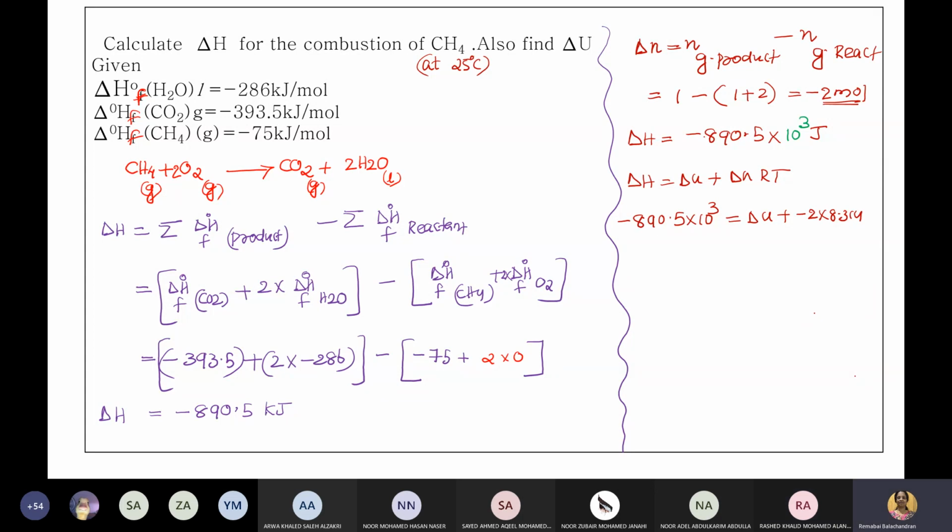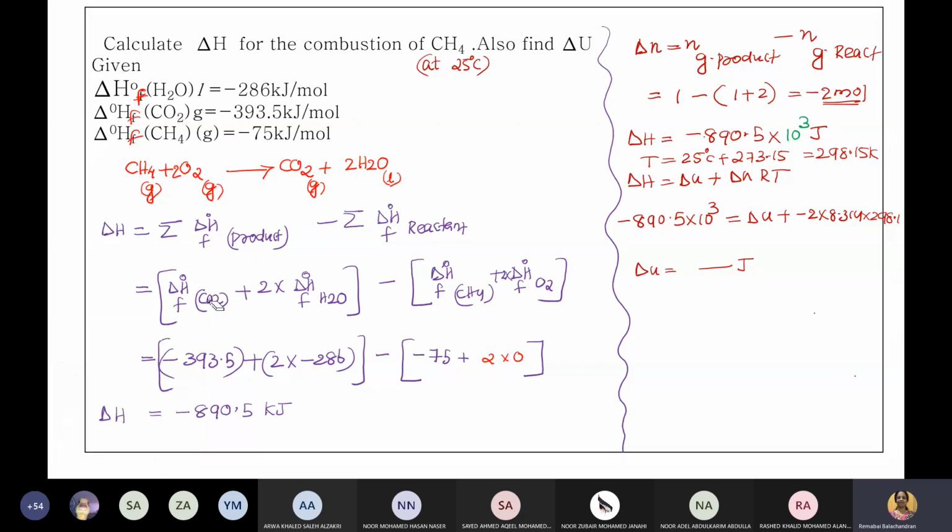So here T is 25 degrees Celsius plus 273.15, so that is 298.15 Kelvin. Okay, you will be able to get delta U so and so joule. Understood? Okay.